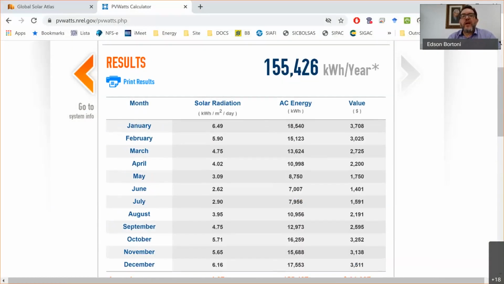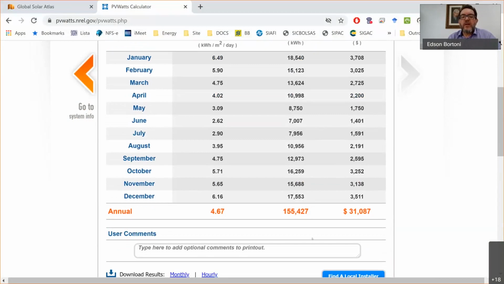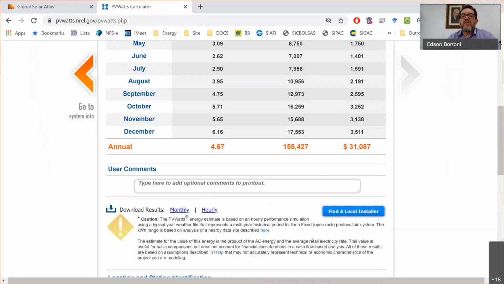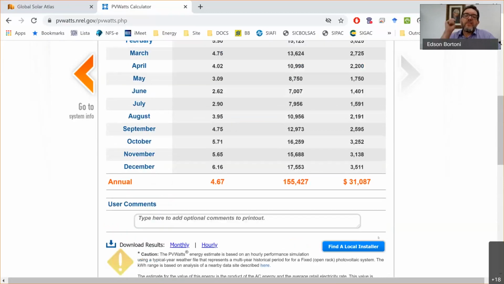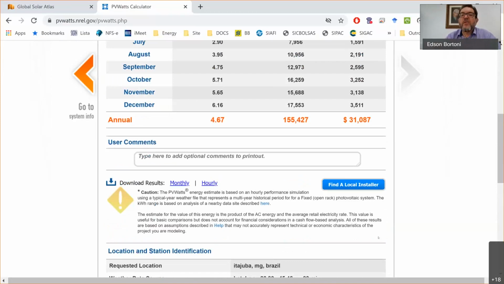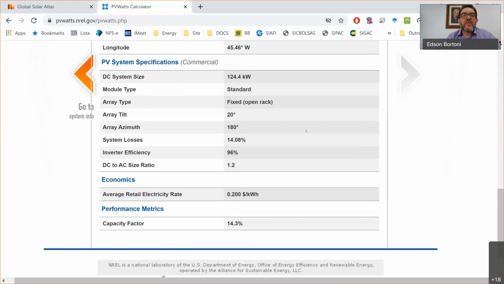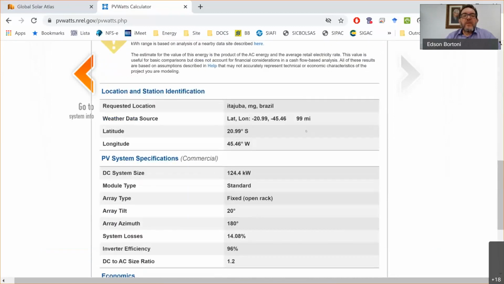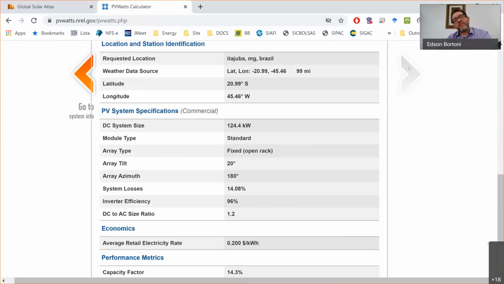I can generate 155,000 kilowatt hours per year. You can have the information along the year, and it saves me some money, $31,000. So if I invest there in solar panels, I will get $31,000 back. This is a zooming of the results. Okay, let's go back.